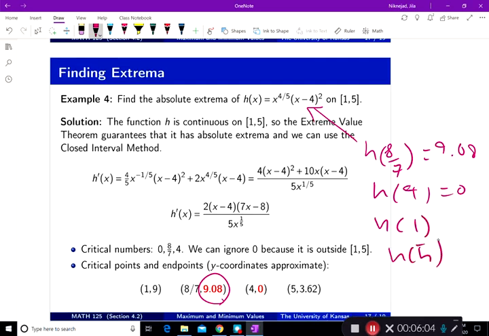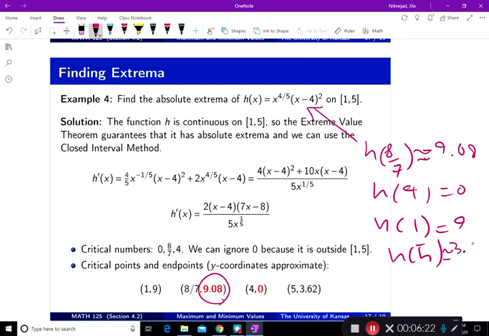H at 1, if you plug it in, will give you 9 times 1, which is 9. H at 5 will give you approximately 3.62. These are approximate because you have to do the fifth root.